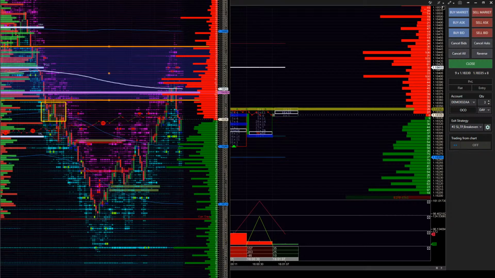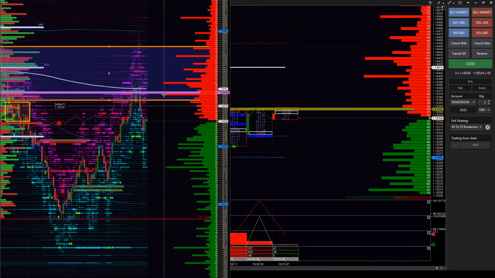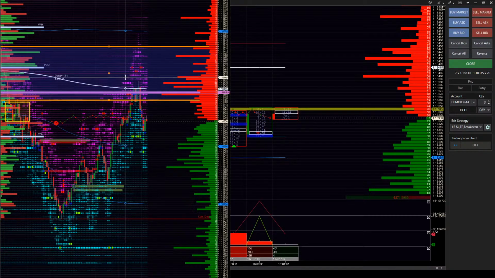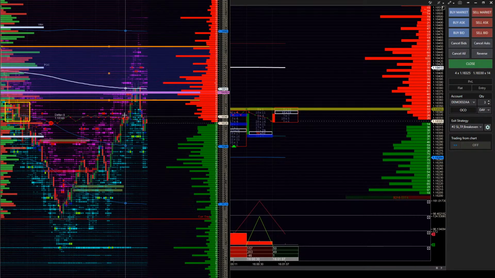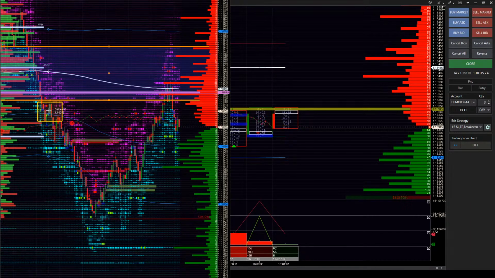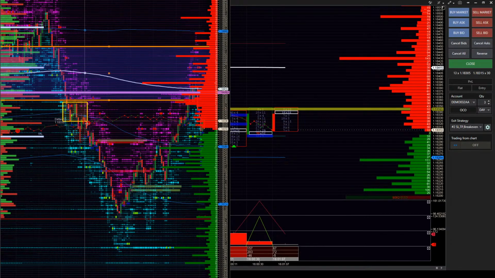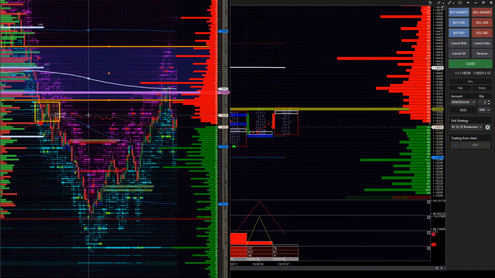So we knew that the volume was in this area, so we used this area as protection for our entry. We placed our entry when we saw this breakout here. We knew there were a lot of sellers in this area that would defend that entry, so we entered in this area.